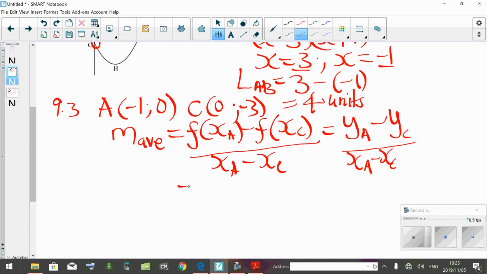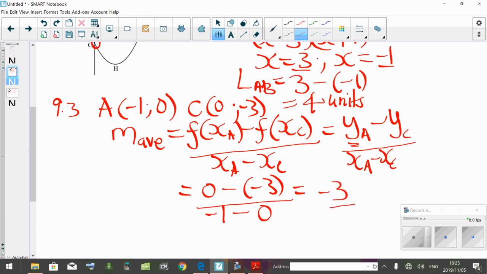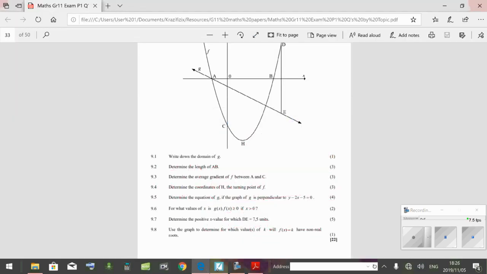Now substituting, we have -1, excuse me, the value of y at A is 0 minus the value at C over the value of x, and this gives us -3. This is our average gradient. Next question, determine the coordinates of H, the turning point of f.